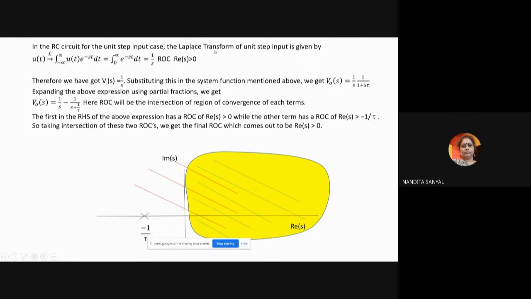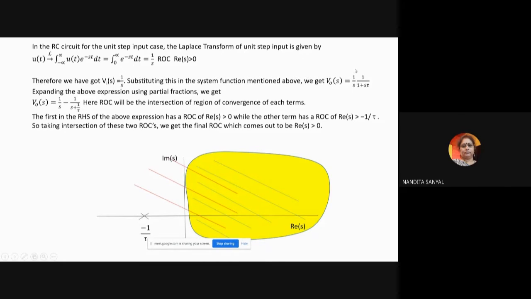Now, if we take the Laplace transform of the unit step function, we get 1 by s, and for 1 by s the ROC will be the right side of the S plane. Suppose the RC circuit explained previously is excited by the input as a unit step function.